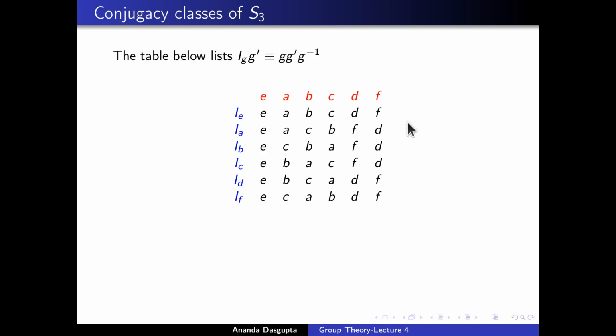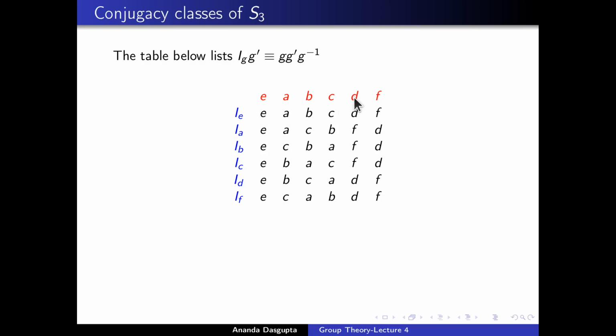Now, how do we figure out the equivalence classes from here, or the conjugacy classes? Simple. Just go down a column. Here this clearly shows that all the elements which are conjugate to E are E and nothing else, which is why the identity sits in its own singleton set as a conjugacy class.